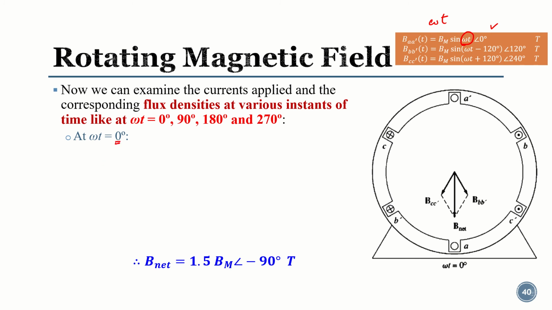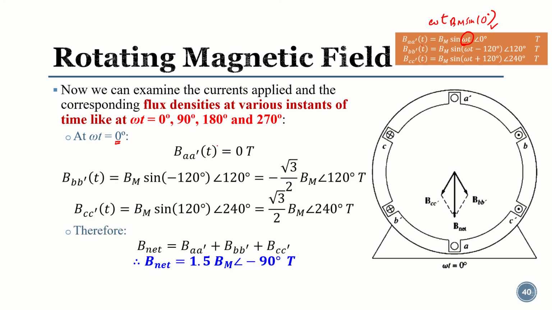Omega t is 0 degrees. So this will become Bm sine of 0 degrees, right? And what is the sine of 0 degrees? Sine of 0 degrees is 0. So the magnetic flux density because of the pole AA dash will be 0.